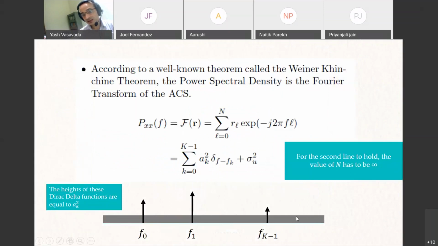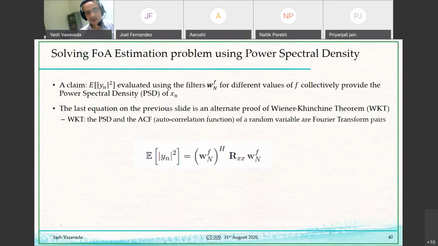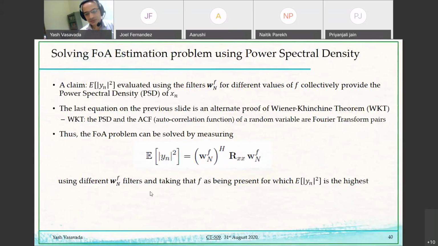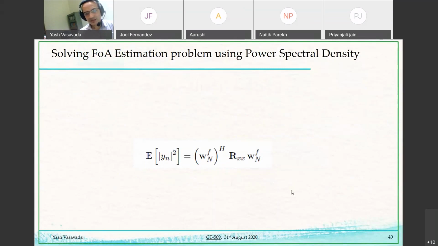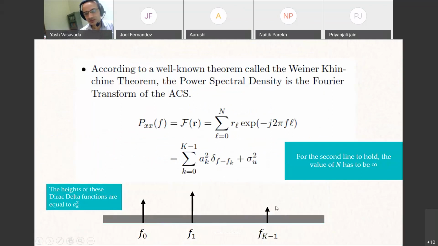So I'll think that wherever I'm looking there is signal present, but actually only noise is present. So I cannot just use one or two or a few frequencies. I will have to use a large number of such filters, all at different frequencies, and then take those f values as being present for which this expected value of y of n squared sticks out, like how it is shown here in this diagram.